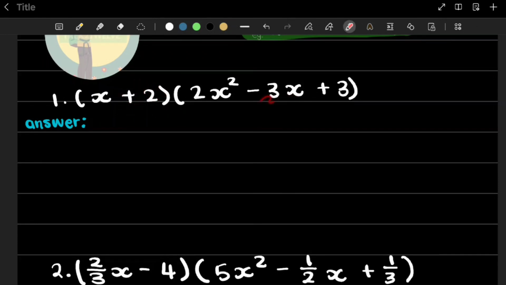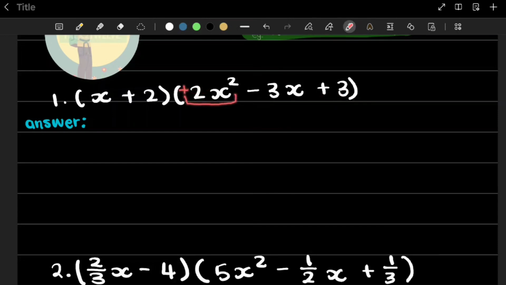Another example: is 3x a term? No. 3x is not a term. Minus 3x is a term. So basically it needs to have its sign in front of it. If there isn't a sign like this one, you should always know that there's an invisible plus over here. So that's a term. So over here we've got one term.